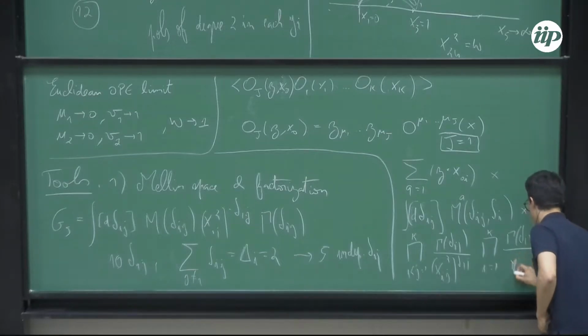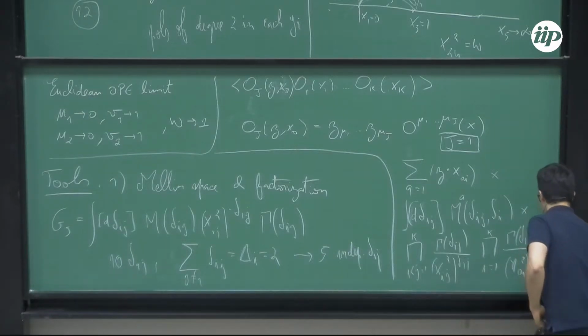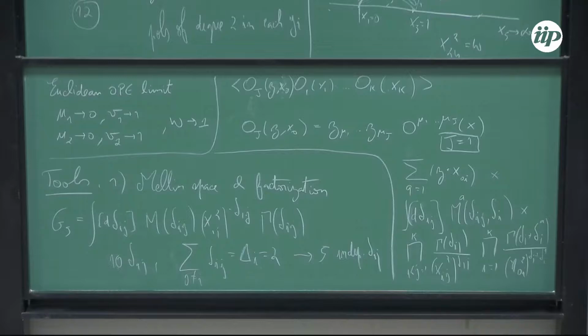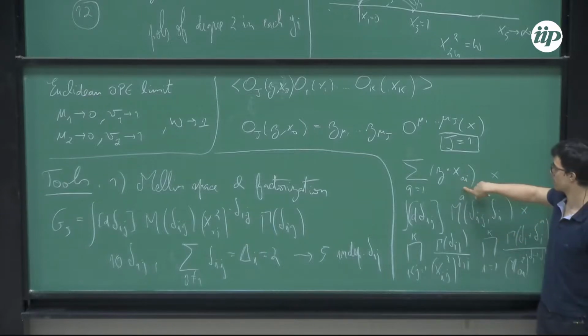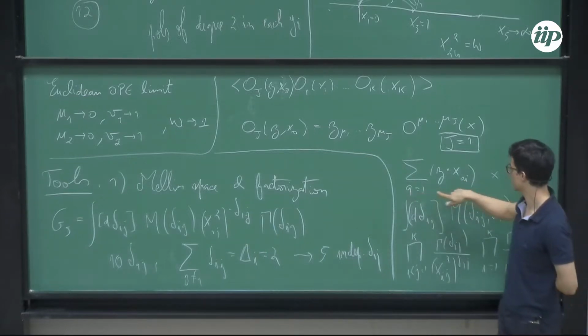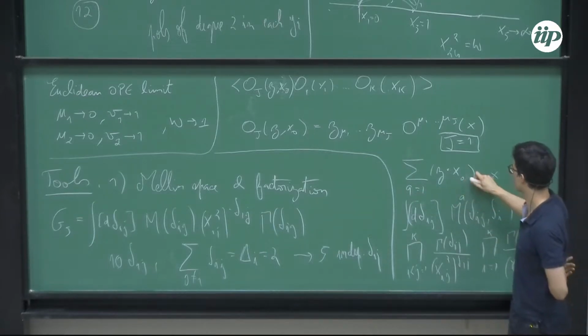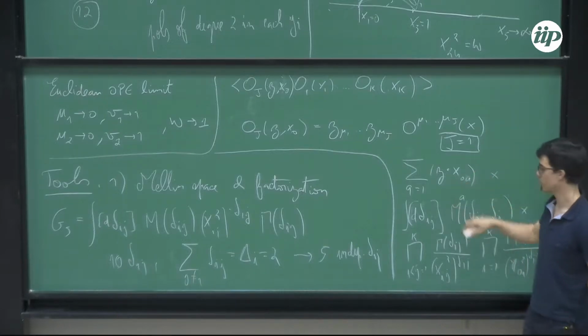And this is x0i squared to the delta i plus Kronecker delta iA. Basically, we just have k plus 1 operators. So there are these different structures, and I'm summing over this index A, this polarization part here.